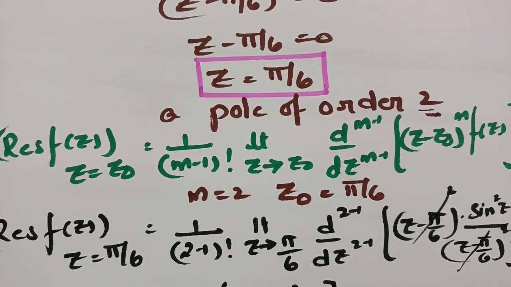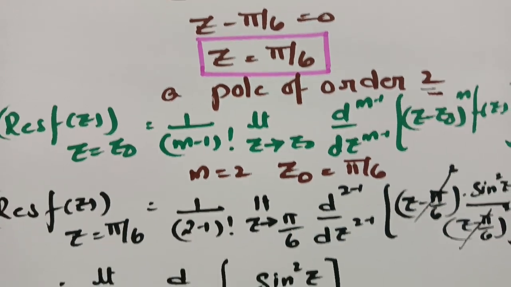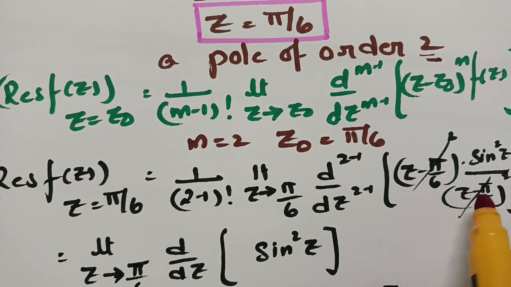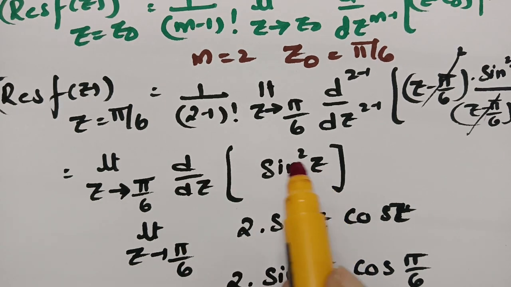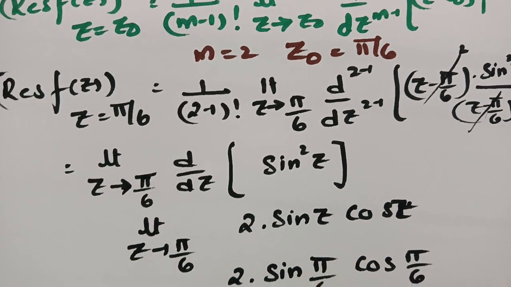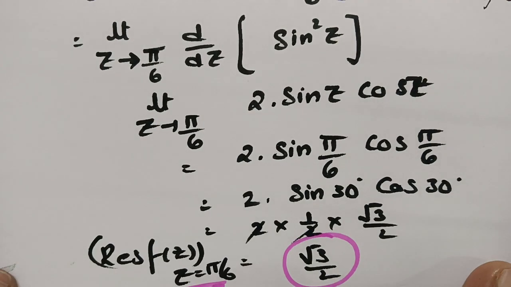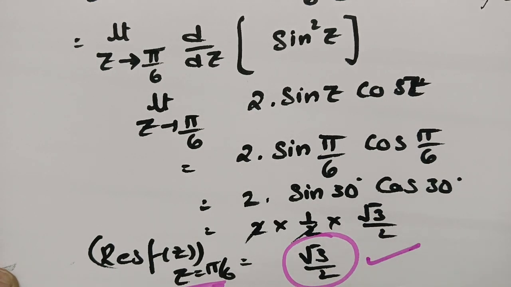The order value is 2, so m is equal to 2 and the pole value z naught is equal to pi by 6. After substituting our f of z, m value and z naught value, this remained. Here we have to find the derivative of this function, and again substitute z value as pi by 6, and this is our residue value for the corresponding pole z is equal to pi by 6.